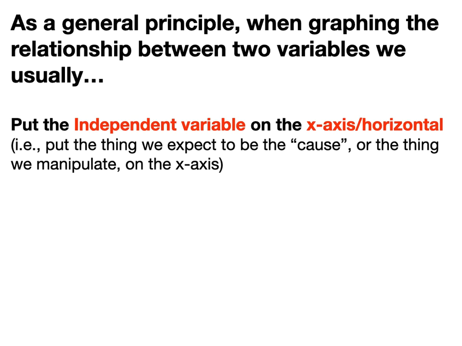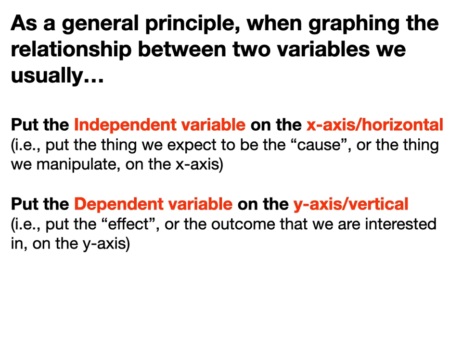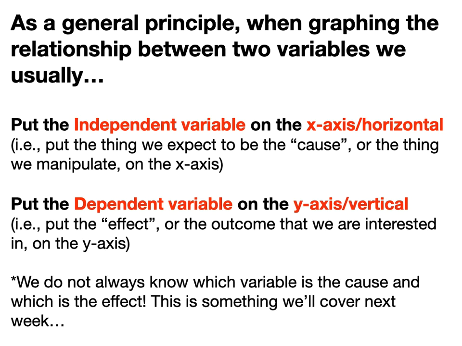That's our horizontal axis variable. We want to put the dependent variable, the effect or the outcome variable, on the y or the vertical axis. So that's a really important rule to keep in mind. It just makes graphs make more sense. Now, that said, we don't always know which variable is the cause and which is the effect, and that's something that we'll talk about next week.